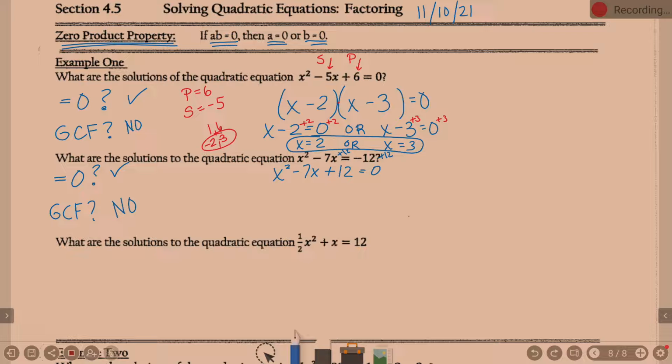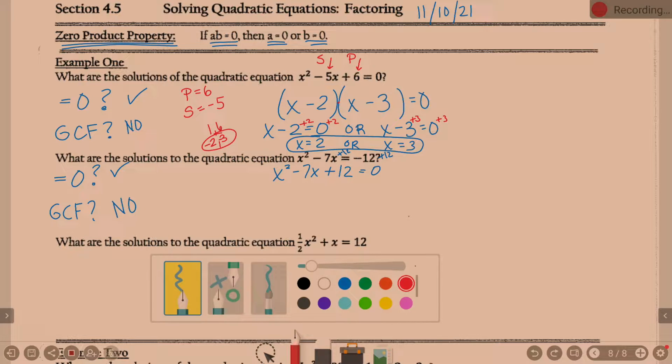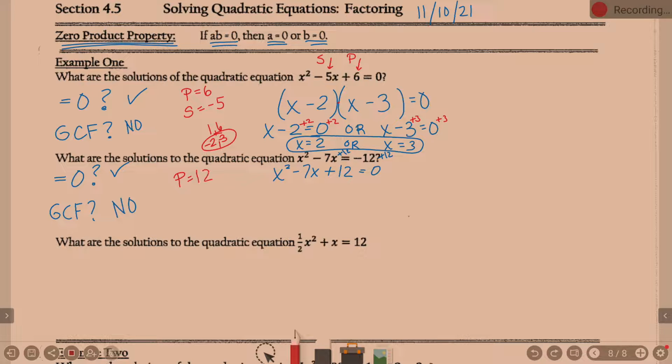Do we know how to factor this? This is in the form x squared plus bx plus c. So this time I need a product of 12, which is your c term, and a sum of -7. Focus up here, please.